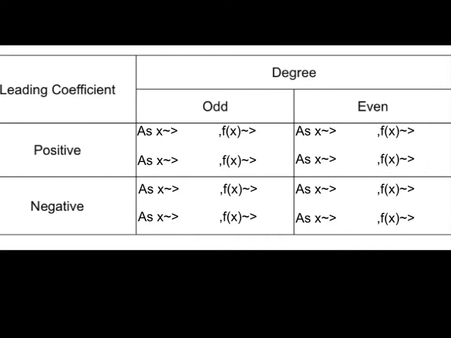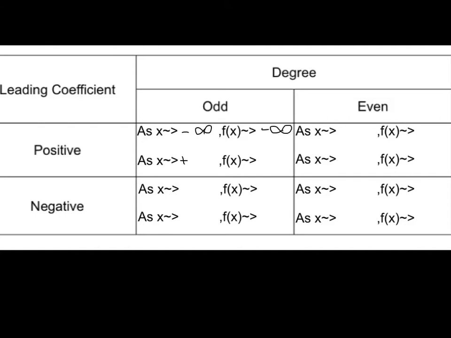And this works for all polynomial functions as long as the degree and the leading coefficient match up, regardless of what those numbers are. So for odd degree and positive leading coefficient, as x approaches negative infinity, our function is going to approach negative infinity.